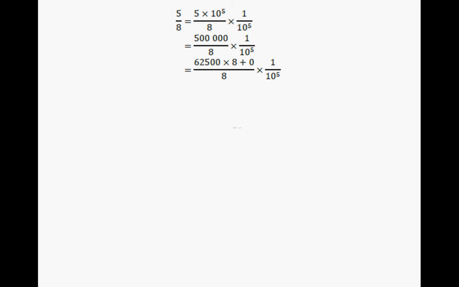This becomes 62,500 times 8 plus 0 over 8 times 1 over 10 to the fifth power.